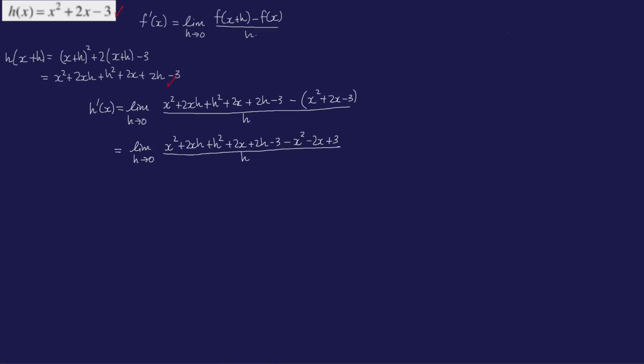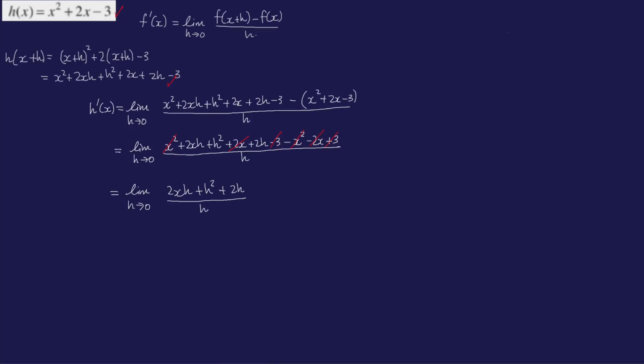Now let's simplify. So x squared minus x squared, 2x minus 2x, minus 3 plus 3. So I'm left with the limit as h approaches 0 of 2xh plus h squared plus 2h, all divided by h.